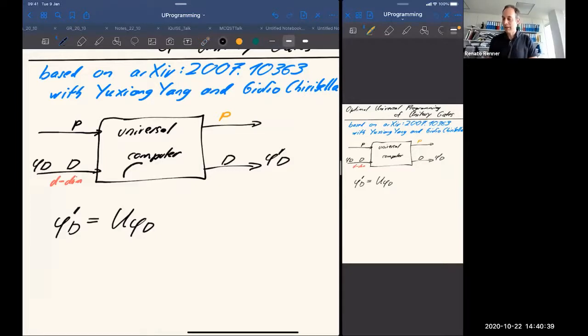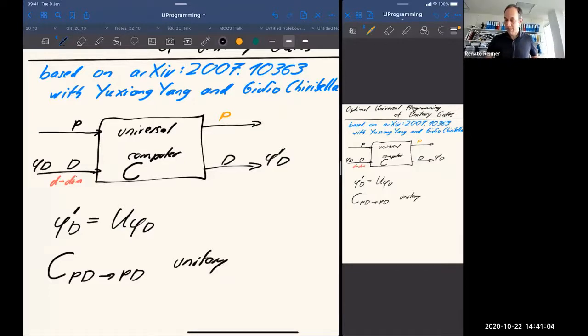And then this entire thing, which I may call C, or I will anyway call it like that. So C is, let's say, the total operation of the universal computer, and it will again be unitary. So there will be something like a C that acts on P. So it takes the program, it takes D, and again outputs P and D, and this should be unitary anyway.